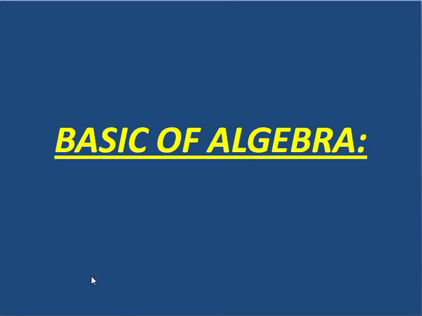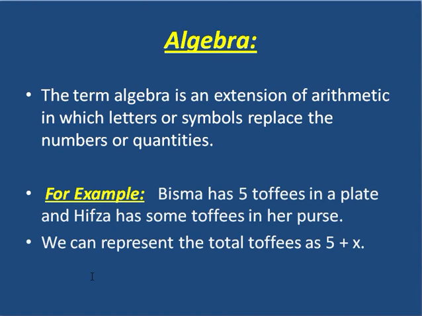Basics of algebra. Students, the term algebra is an extension of arithmetic in which letters or symbols replace numbers or quantities. In algebra we use symbols and letters to represent a number or quantity.